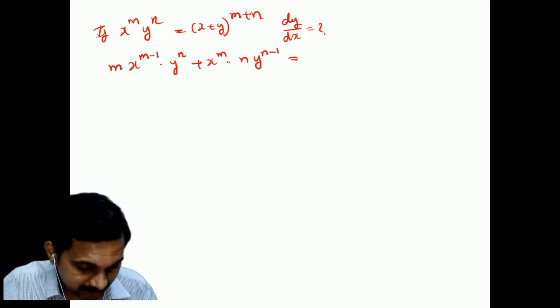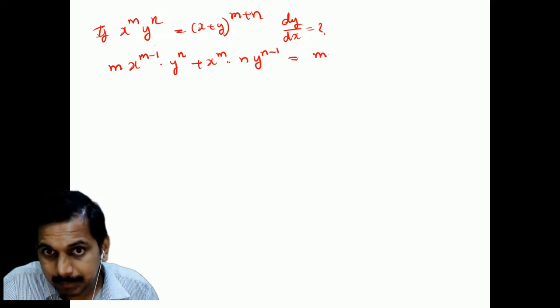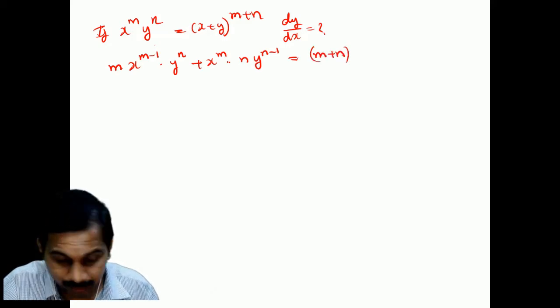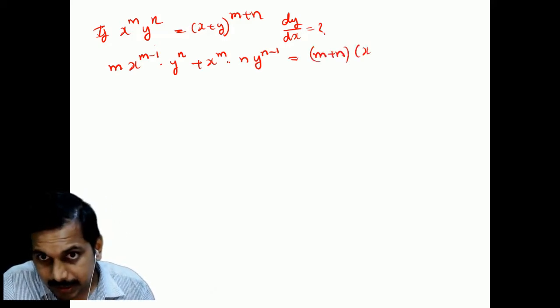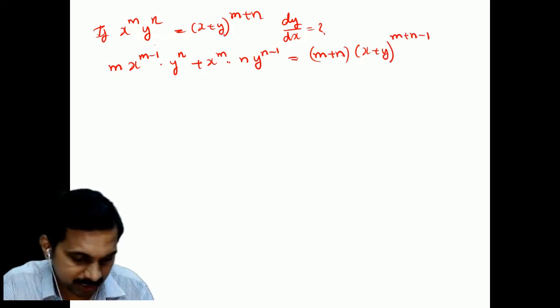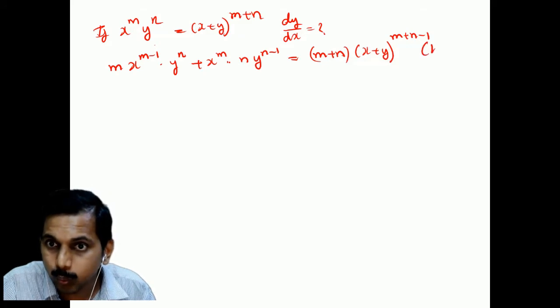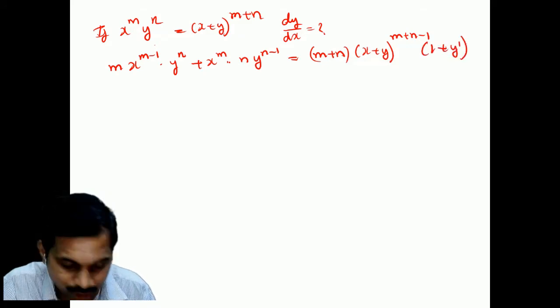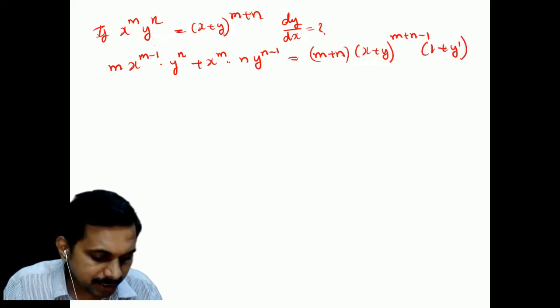This is equal to (m plus n) into (x plus y) raised to m plus n minus 1 into (1 plus y dash). Easy? Fine. Another point here.